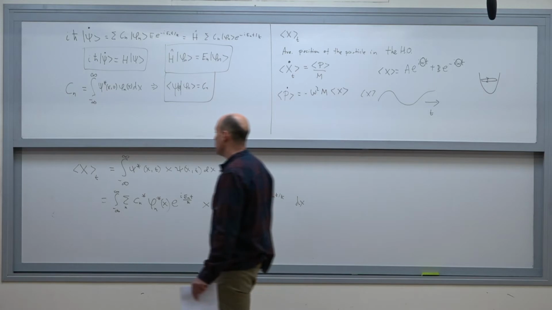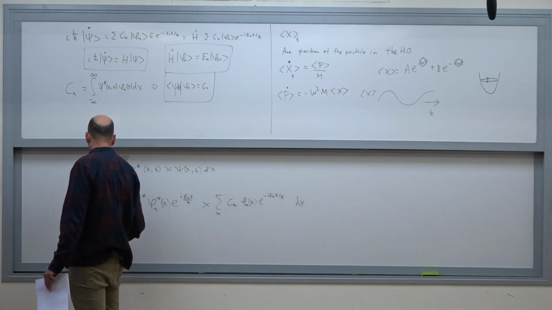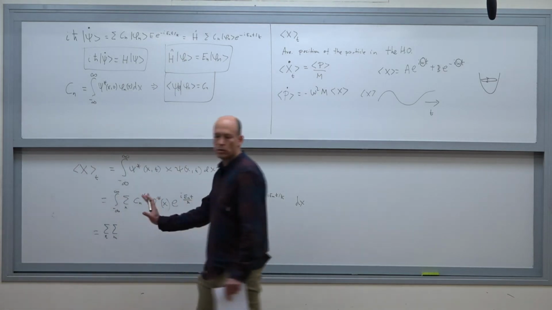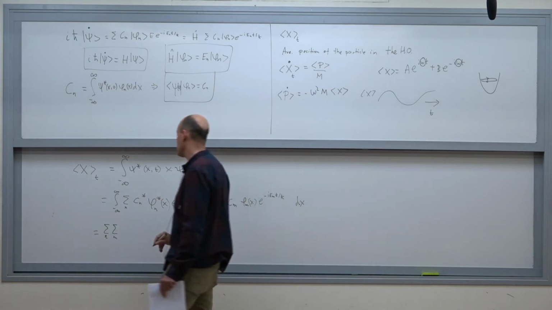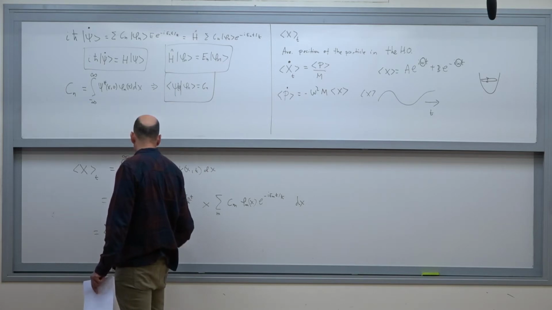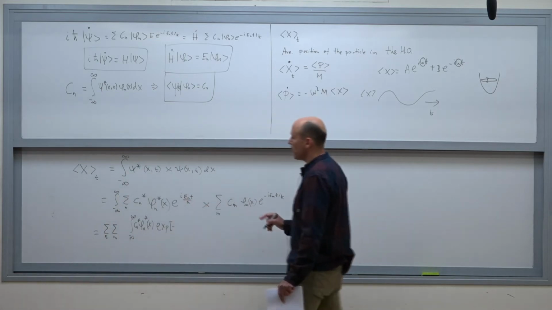So we can write this more explicitly for the harmonic oscillator. We can write it as a sum over n, sum over m. Here I'm just taking the summations from 0 to infinity outside. And inside I'll have an integral from minus infinity to infinity, phi n of x star, cn star. Let's write explicitly the energy dependence, En over h bar.